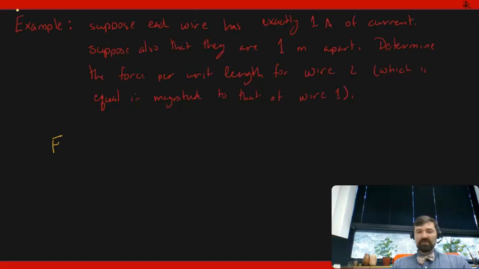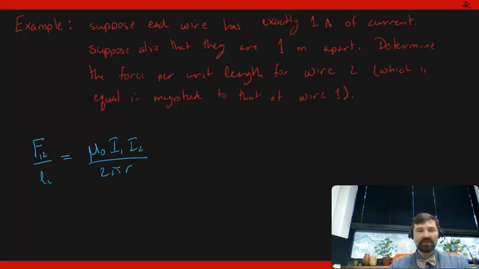So force per unit length, if we were to do the wire 2, for example, F12 over L2, should look like mu naught times I1 times I2 divided by 2 pi R. Now, each wire has exactly 1 amp, so I1 equals I2 equals 1 amp. They are also 1 meter apart, so R is also equal to 1 meter.